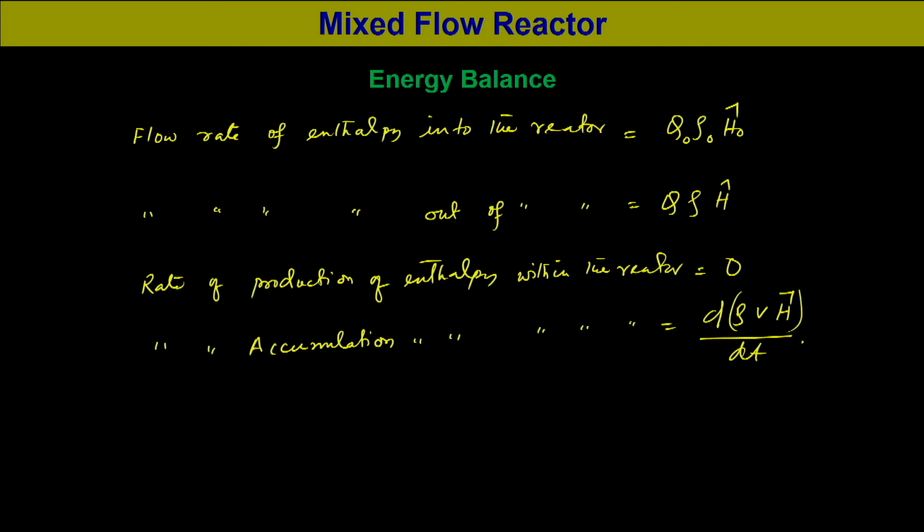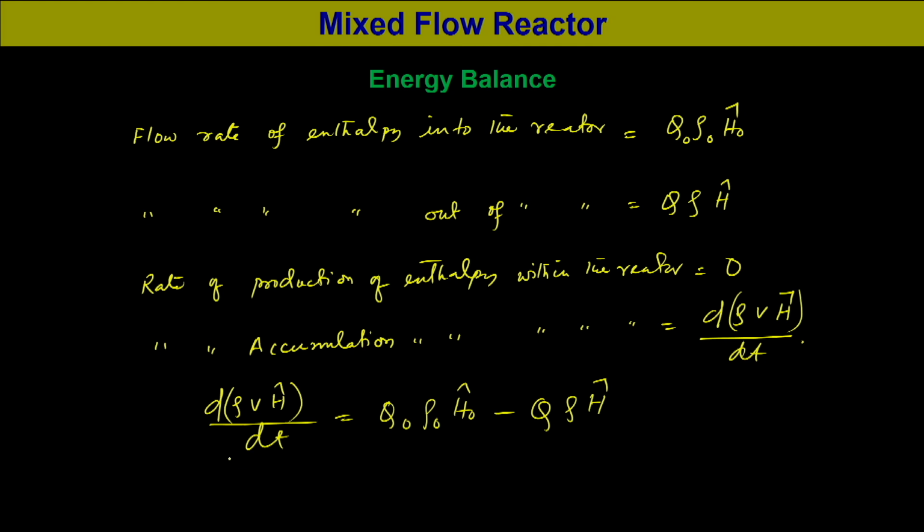So, if we write the balance equation from here, it would be d rho V H cap dt equal to Q naught rho naught H naught cap minus Q rho H cap.